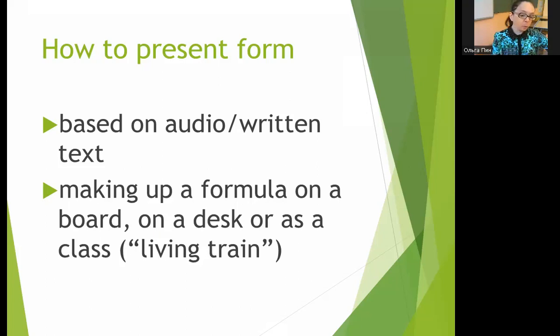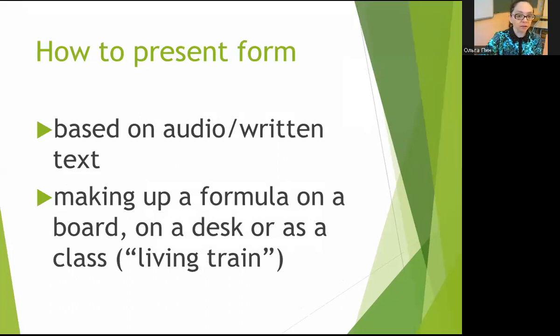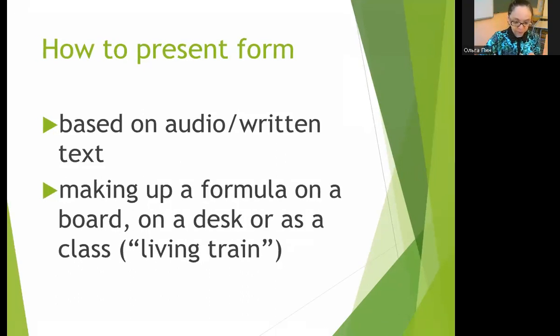So this way I involve kinesthetic learners who need to touch these cards and move while they are studying. So this is presentation of meaning and presentation of form.